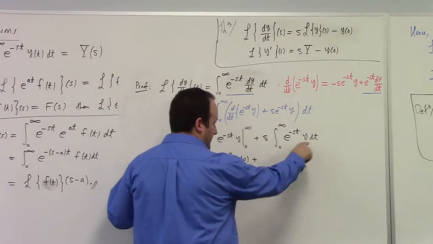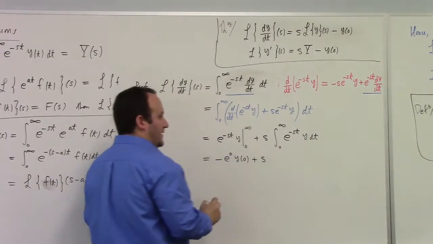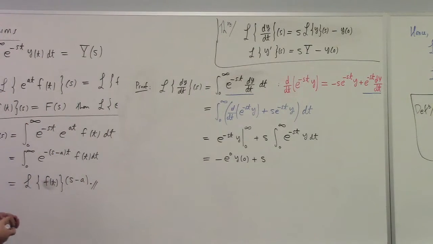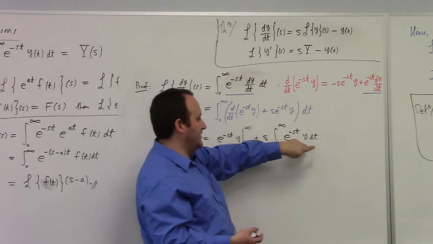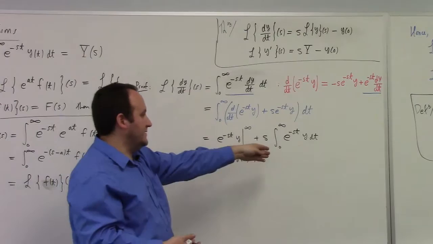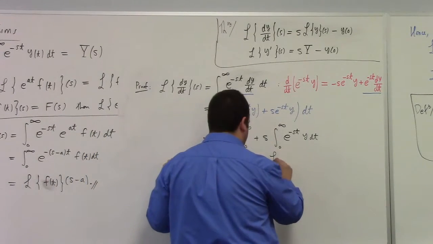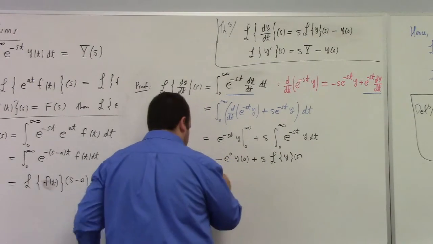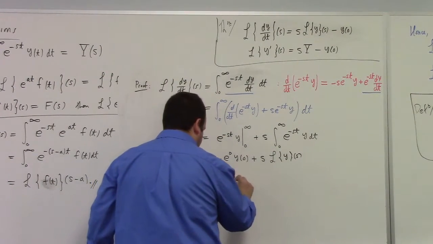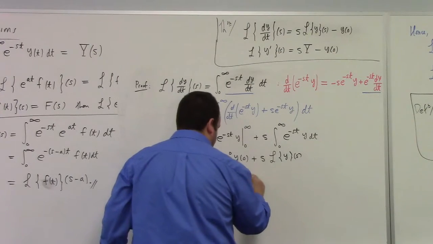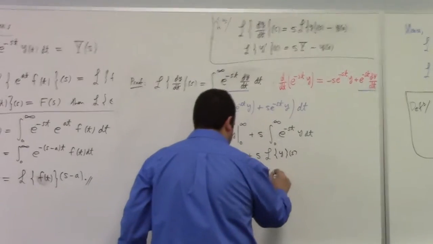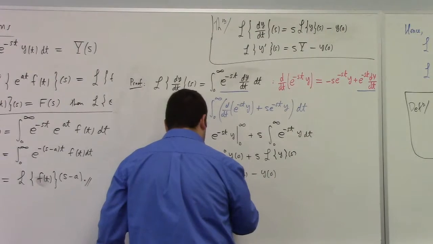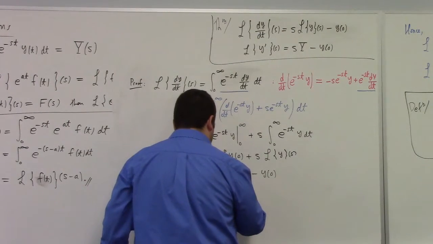And then over here, what is this? Again, we need to remember the definition of the Laplace transform. Exponential times y integrated from 0 to infinity. That's exactly the Laplace transform of y. And so what we've got is s times the Laplace transform of y at s minus y of 0, or if you like, s times big Y minus y of 0.